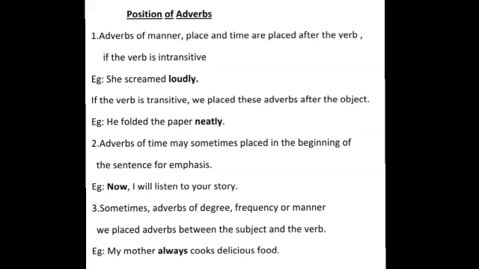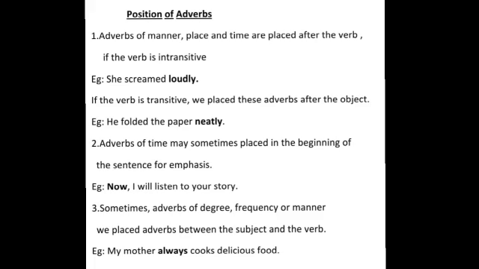So in some cases we use these adverbs of time at the beginning of the sentence. Another case, in case of adverb of degree and adverb of frequency, we place adverbs between the subject and the verb.